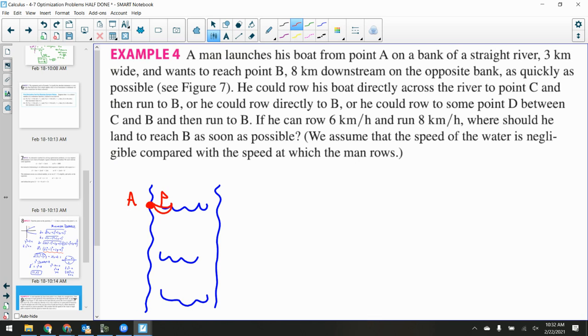Point B? No, he wants to get to point B. Here's point B. He could row directly across to point C. And we know that this is, I forgot to put this in, this is 3 kilometers wide.